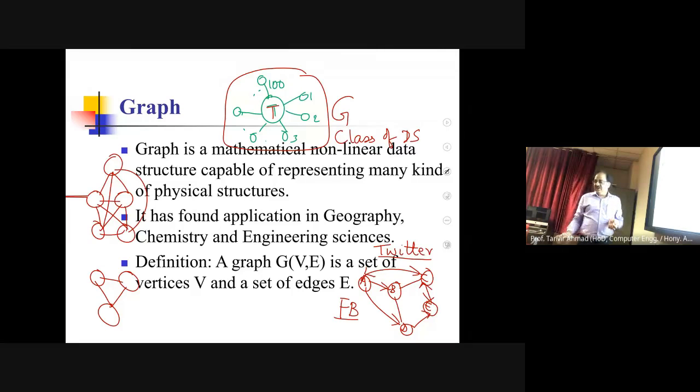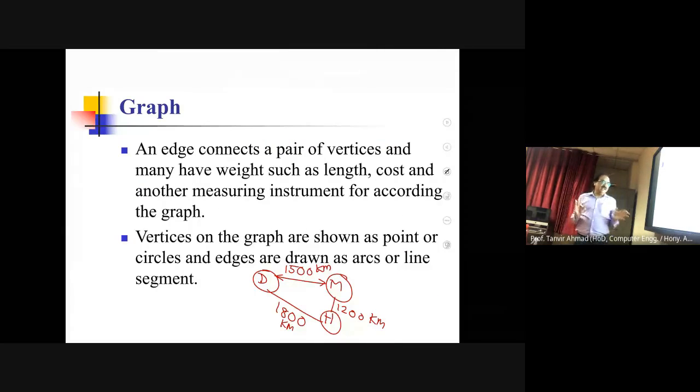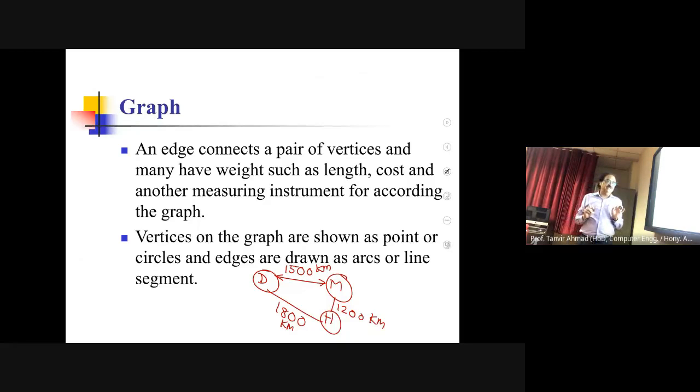Now, one thing I said is that a weighted graph is a graph where each and every edge has a weight. If I draw without an arrow, it means it's two-way. That means there is a road from Delhi to Hyderabad, and there is a road from Hyderabad to Delhi. Therefore, I don't need to draw the arrows.